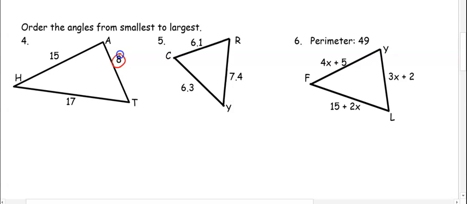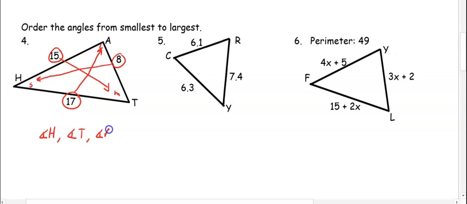So the shortest side is 8, which means our smallest angle is angle H. Our middle side is 15, which is across from the middle angle, which is angle T. And our largest side is across from the largest angle, which is angle A. In number 5, our shortest side is 6.1, which is across from the smallest angle, which is angle Y. Our next side is across from the medium angle, which is going to be angle R. And our largest side is across from the largest angle, which is angle C.